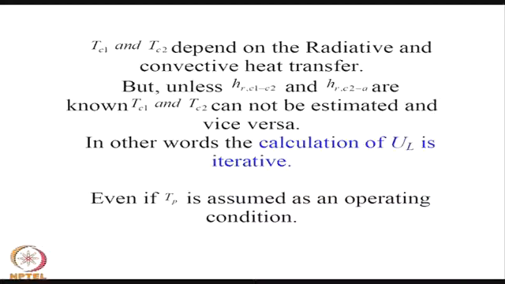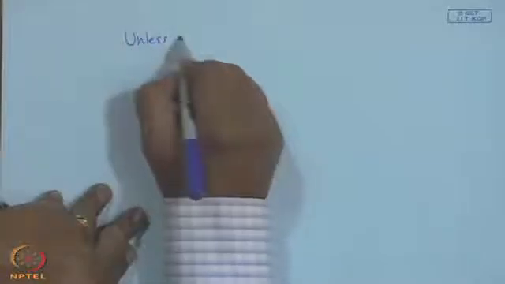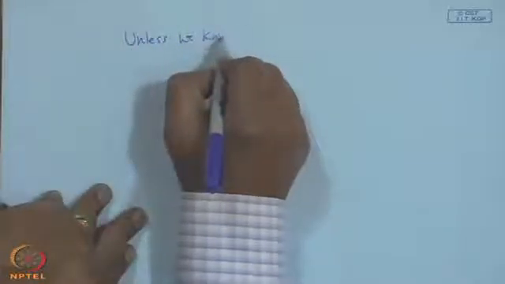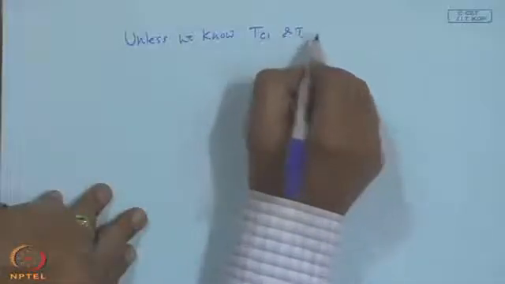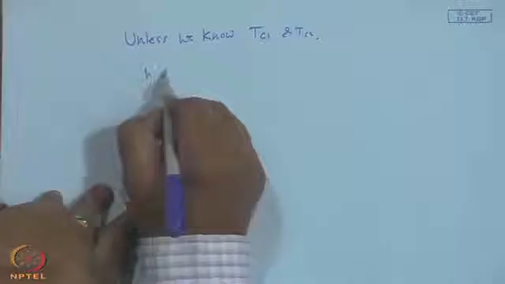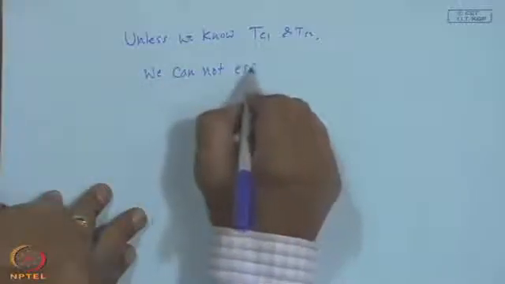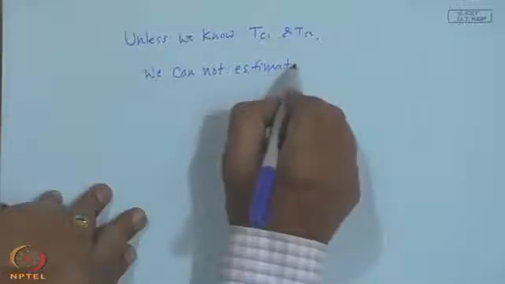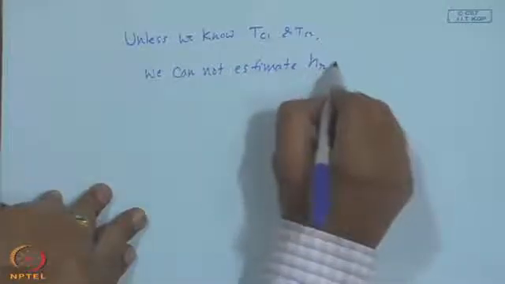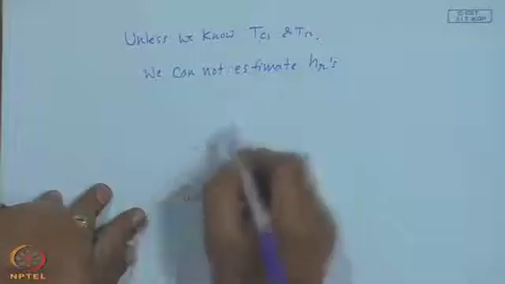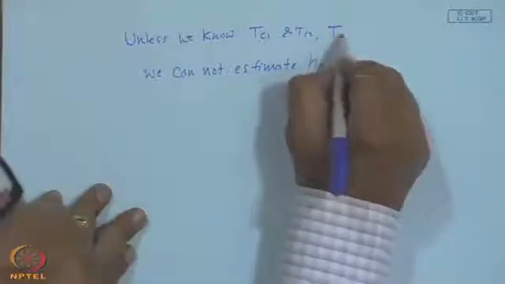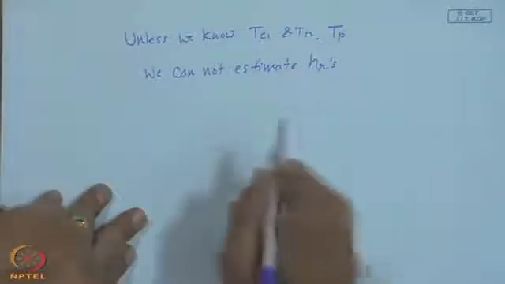So, now we have got an interesting problem. Unless we know Tc1 and Tc2, we cannot estimate Hrs in general. Maybe I can add a Tp also. Okay, Ta is known too.